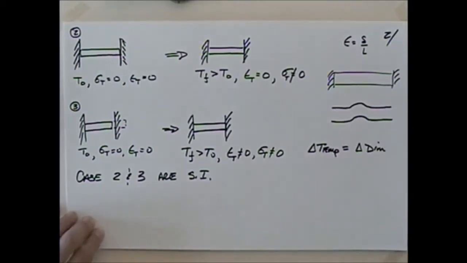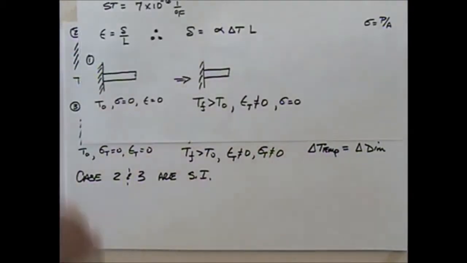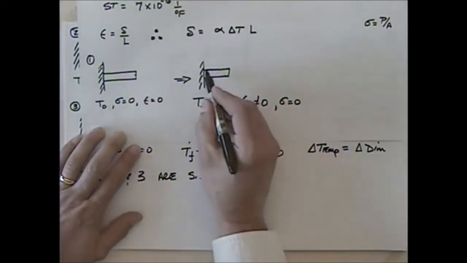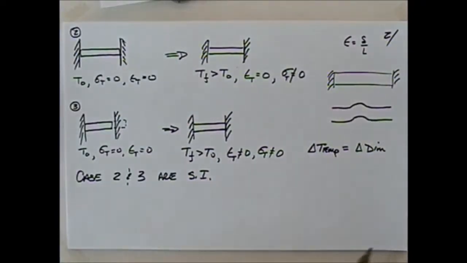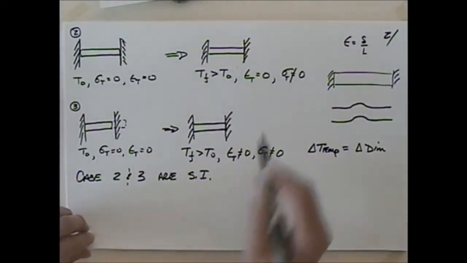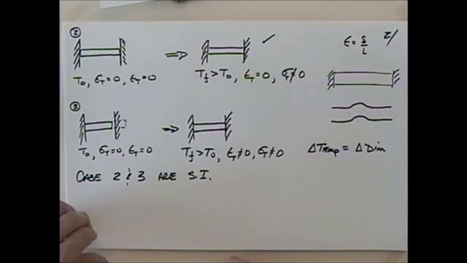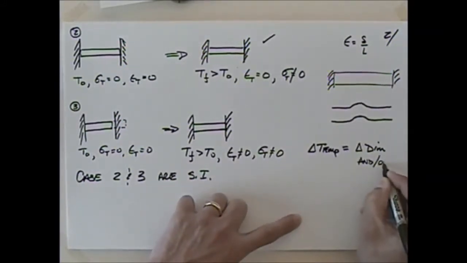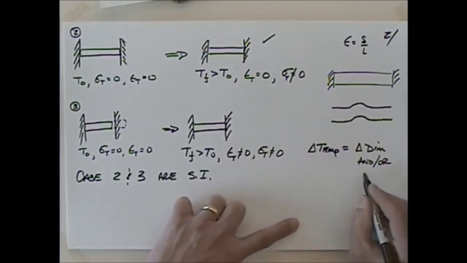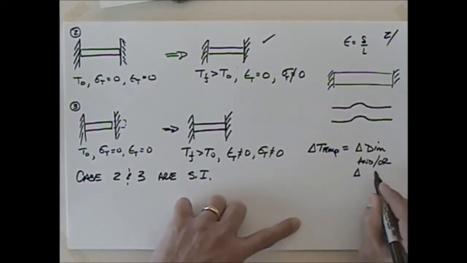Well, that's true sometimes, right? I mean, when we looked at the first case, we got a change in dimension. Okay, I should probably draw this a little bit. It got quite a bit longer. Okay, but in, for instance, this case up here, did we get a change in dimension? No. So maybe I should say and, or, because it could be both of them, change in stress, right?